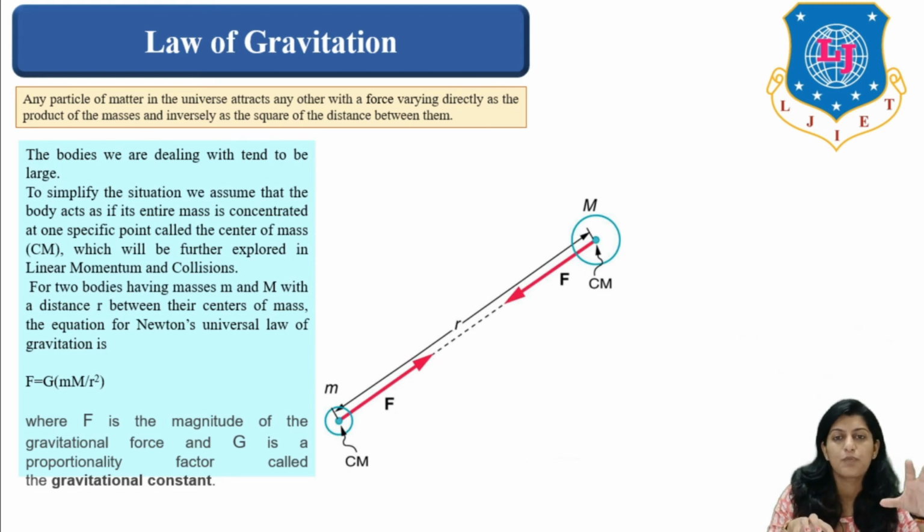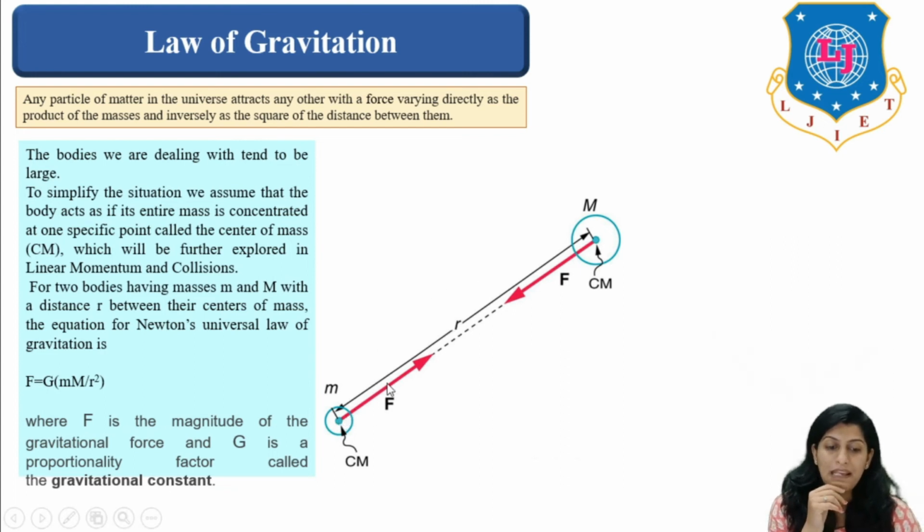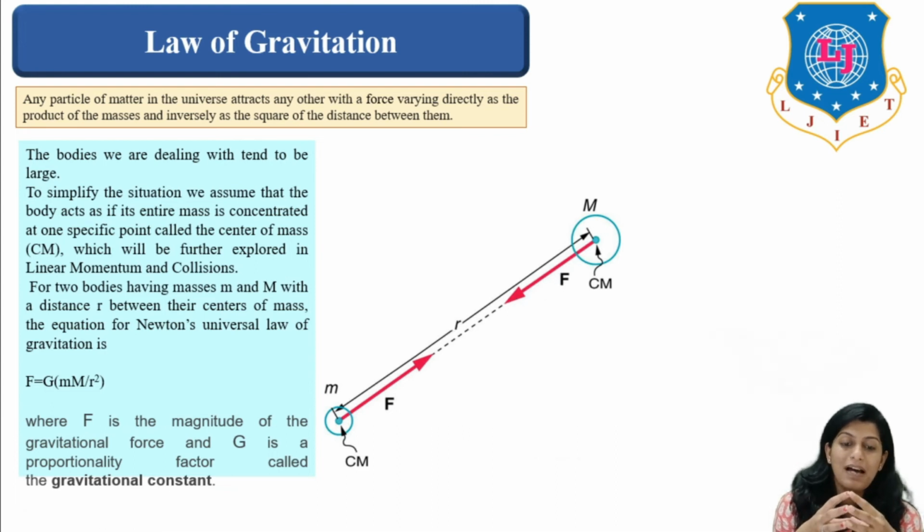The small body and the big body are separated from each other by the distance r, which is the distance between the centers of their masses. So for two bodies having mass m and capital M with a distance r between their centers of mass, the equation of Newton's universal law of gravity is given by force equal to gravitational constant capital G into the product of the masses of both bodies, m into capital M, divided by distance square.